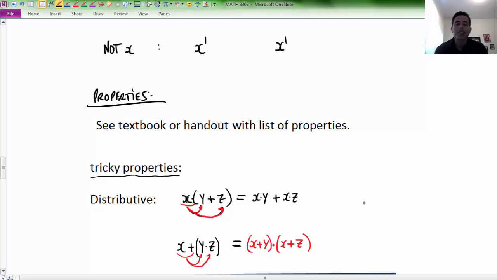That's in regular algebra, right? In Boolean algebra, let's make that same assumption. So if you see something like this, then we're going to assume that we do this first. The multiplication has priority. Okay.